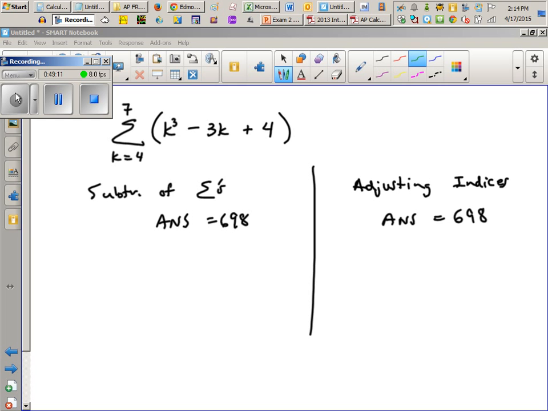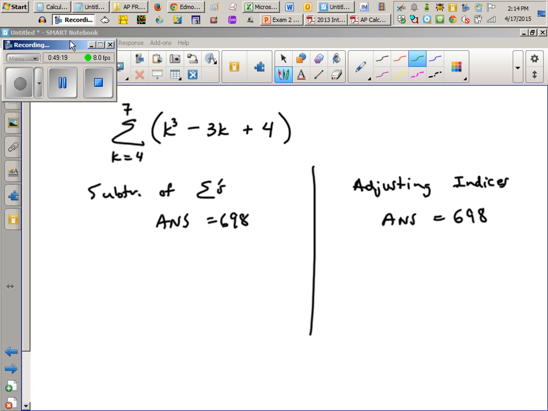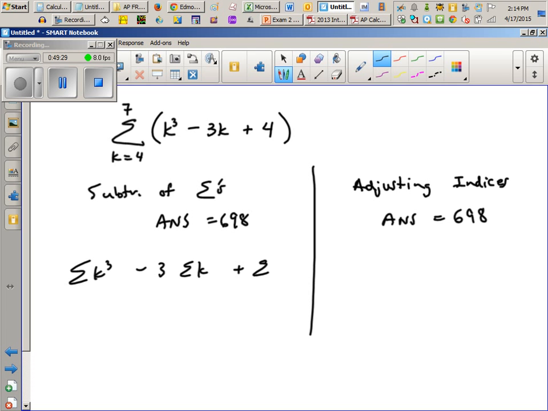Okay, so far you got this all set up. Now I'm going to work out the solutions for you. So hopefully you got 698. If not, see what you did wrong here. So first thing you do is treat this as k cubed in its own sigma, the k in its own sigma with the 3 out front, and then the 4 with its own sigma. So basically I'm taking the k cubed, the k, and the 4 as 3 separate sigmas.